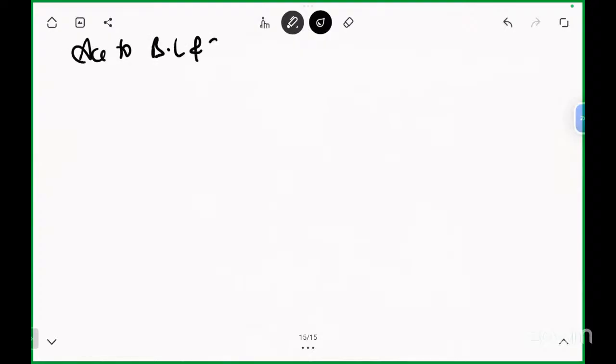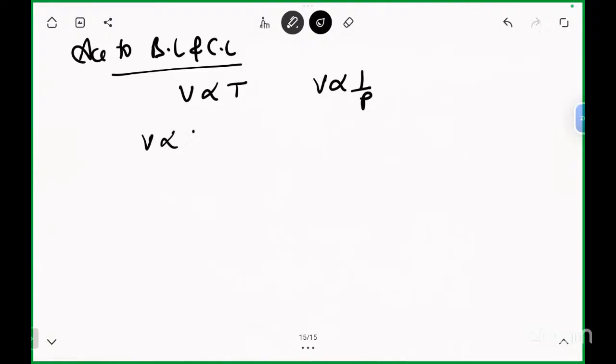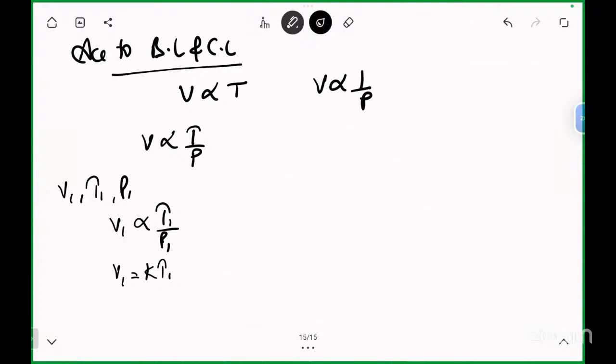Also the temperature falling. Initially V1, T1, and V1 is equal to K times T1.